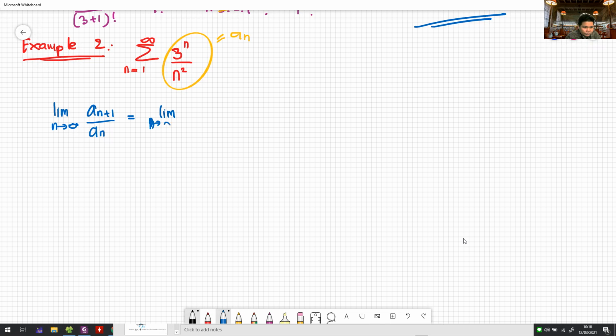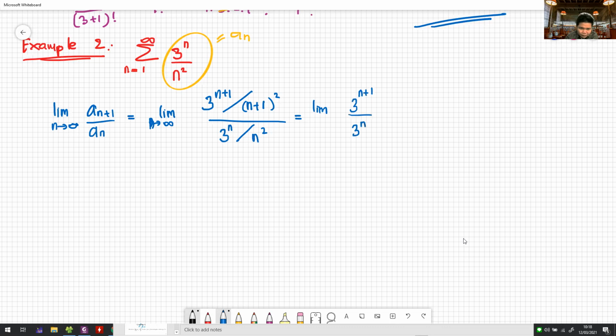As n goes to infinity, a_(n+1) is 3^(n+1) divided by (n+1)^2, divided by 3^n divided by n^2. So what is it? This one I will try to simplify: (n+1) divided by 3^n.